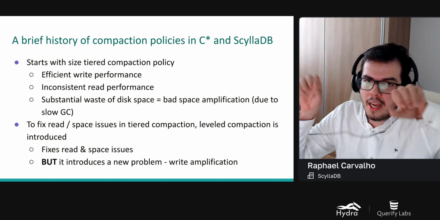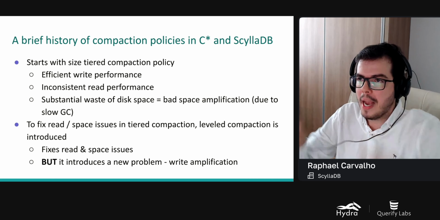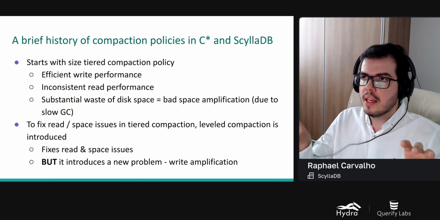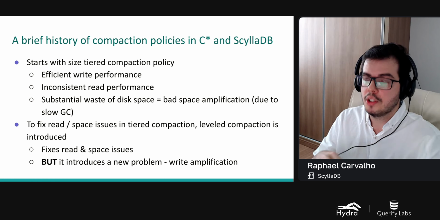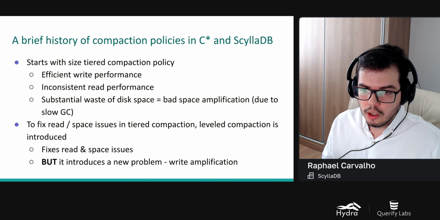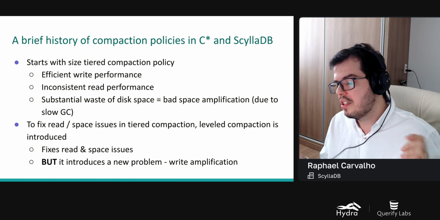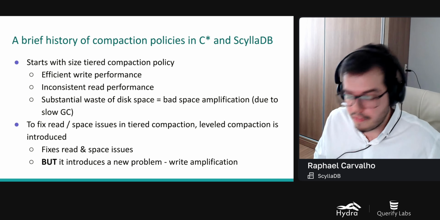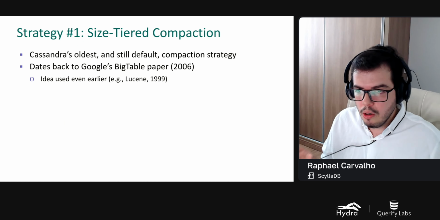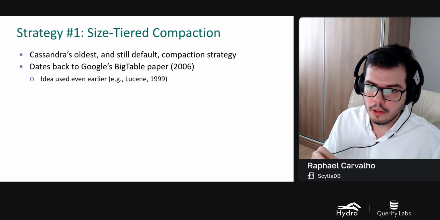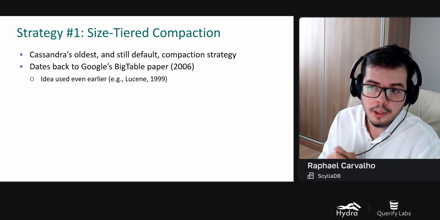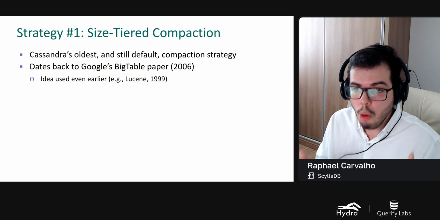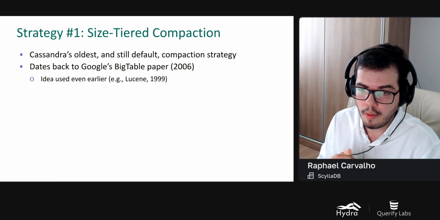When we think of compaction strategies, we have to think that a compaction strategy is trying to set the shape of the LSM-tree, and the shape has a direct influence on the amplification factors. So I say that the leveled strategy fixes the space and read, but introduces a new problem, which is write amplification. So I'm going to introduce the policy here. You can see how it works under the hood. It's the oldest Cassandra compaction strategy, like I already said.